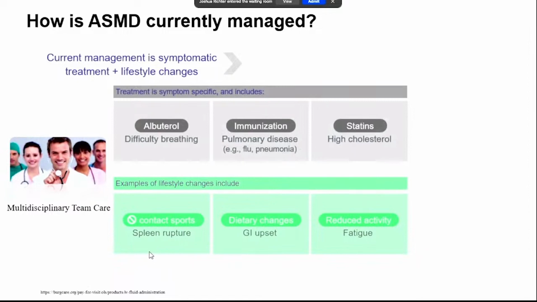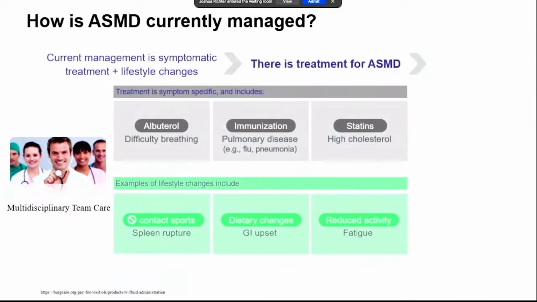They have to stay away from contact sports because of the high risk of spleen rupture. They have to control their diet to manage GI upset and reduce activity because they have easy fatigability.